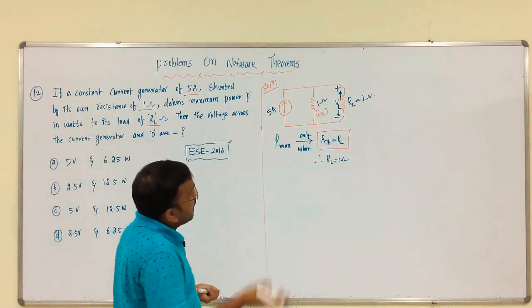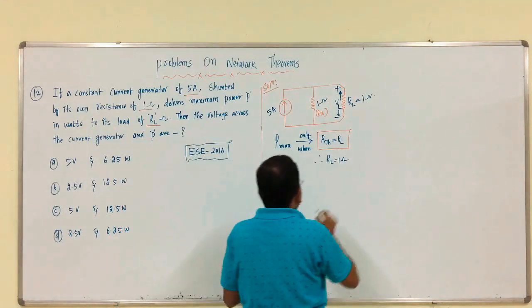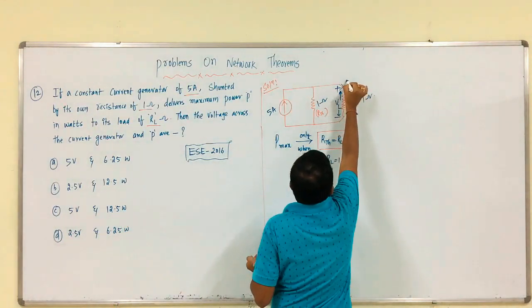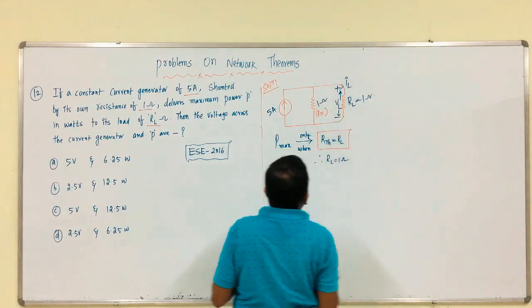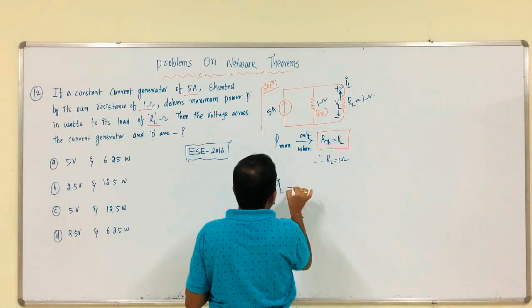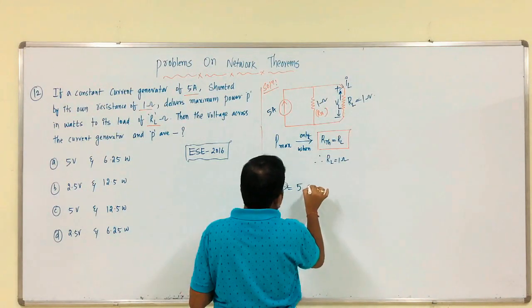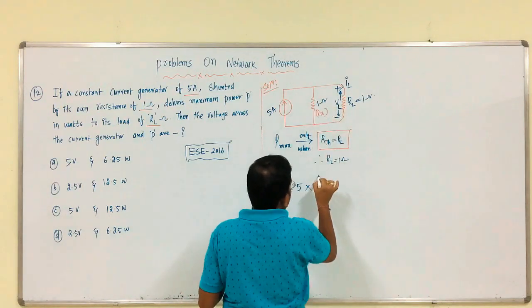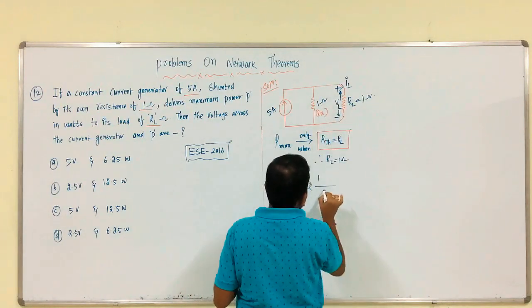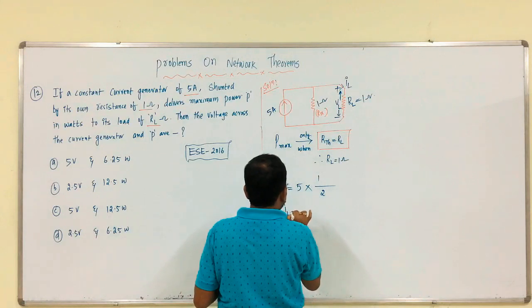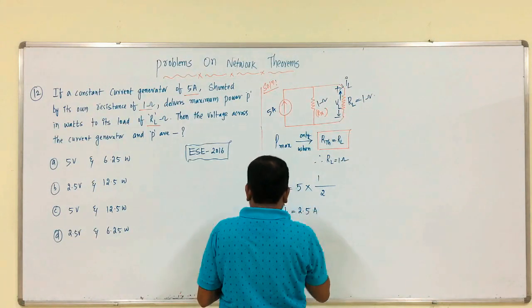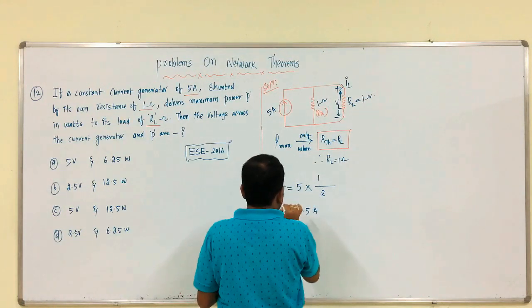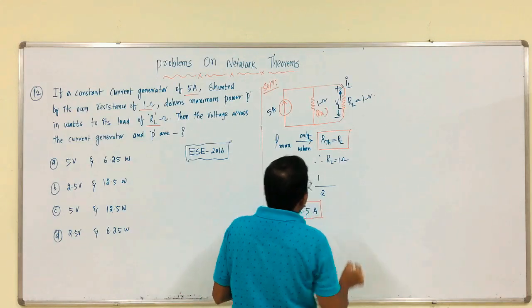So first we have to calculate the current through that load, IL. IL is what? Total current into opposite branch resistance by total resistance 2. IL is nothing but 2.5 amperes.